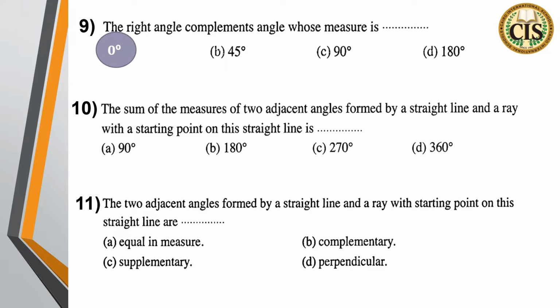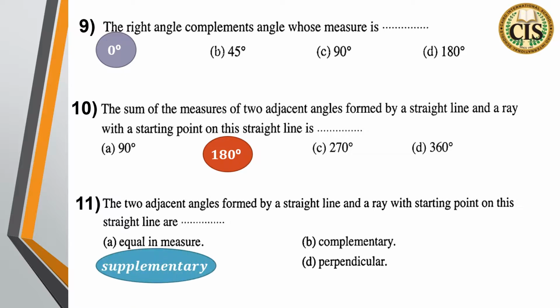The sum of the measures of the two adjacent angles formed by a straight line and a ray with a starting point on this straight line is 180. The two adjacent angles formed by a straight line and a ray with a starting point on this straight line are supplementary.